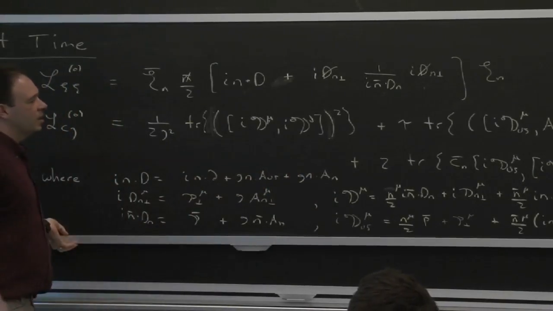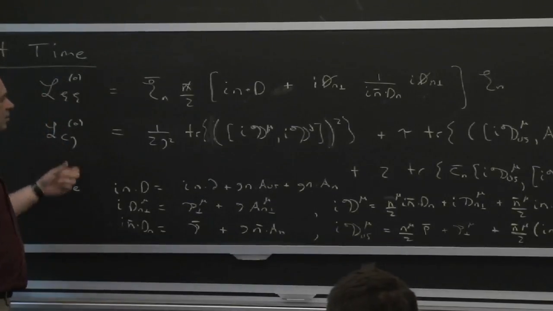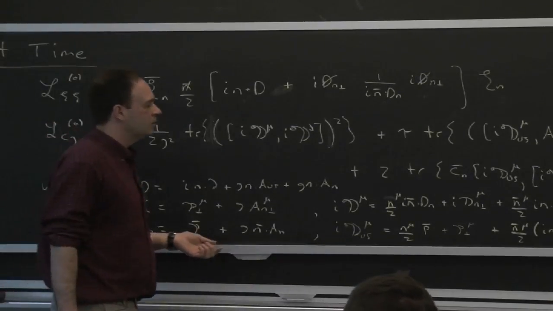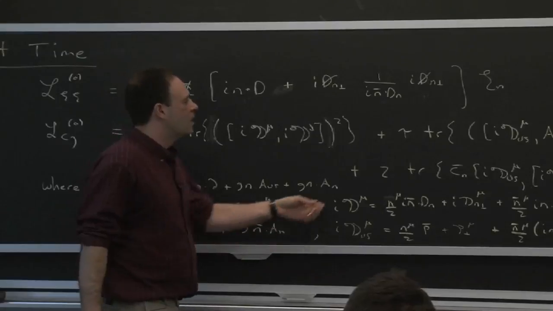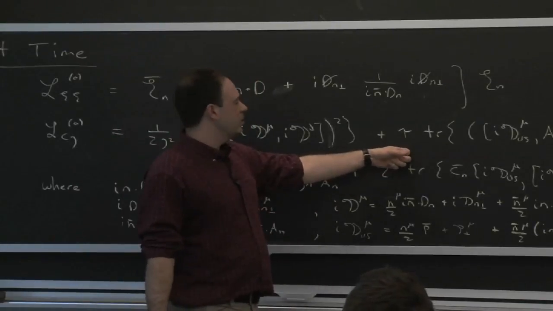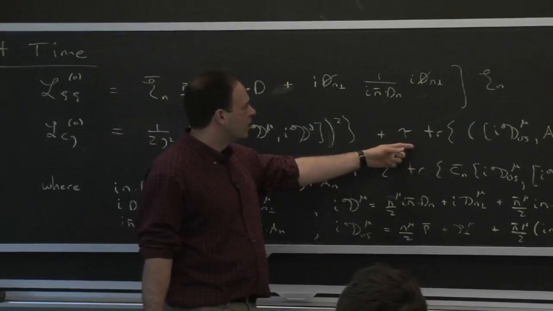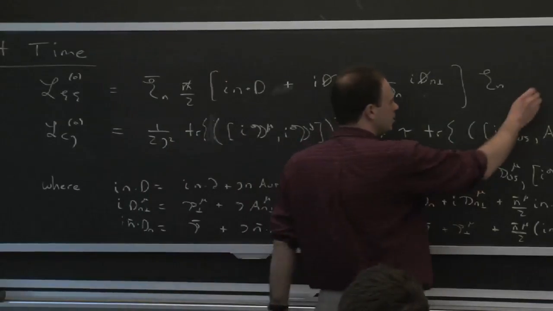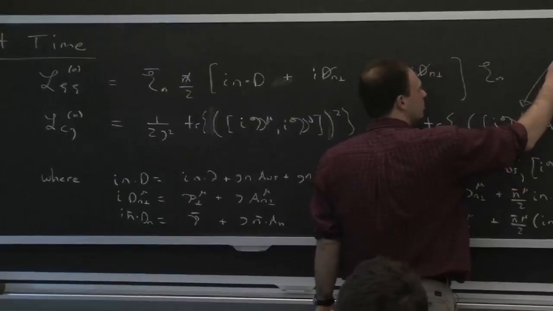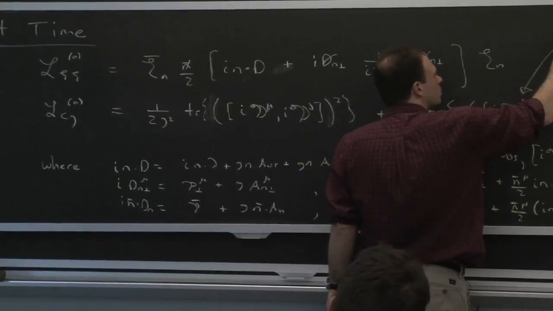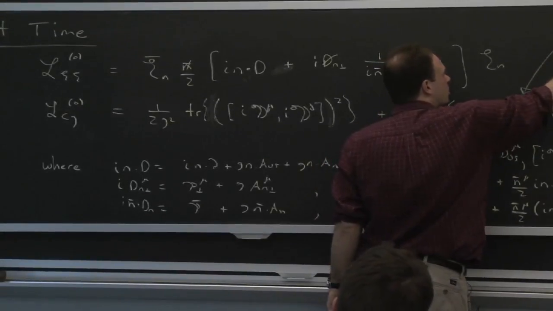Then we had to think about gauge fixing. Since this is the collinear gluon Lagrangian, we should think about collinear gauge fixing. This here is a general covariant gauge fixing with parameter tau, and then there's a corresponding ghost term. And in this Lagrangian, the usual way it would look, this would be i partial.